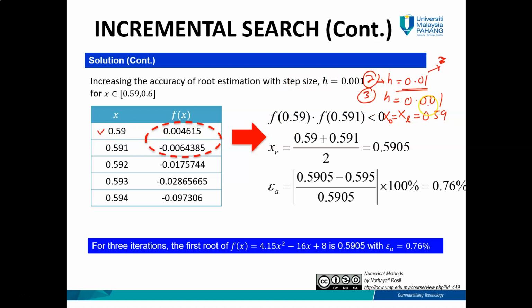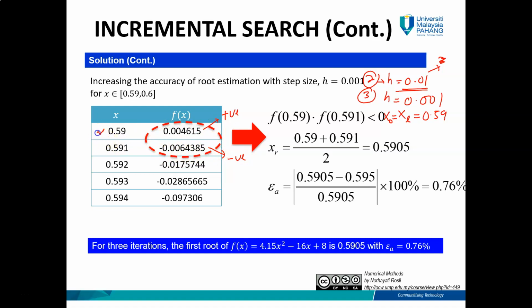With this increment 0.001, you can compute the x values. And then for each x, we can compute our f. You can see when x is 0.59, this one is positive, but when x is 0.591 it becomes negative, means that the function changes its sign here.